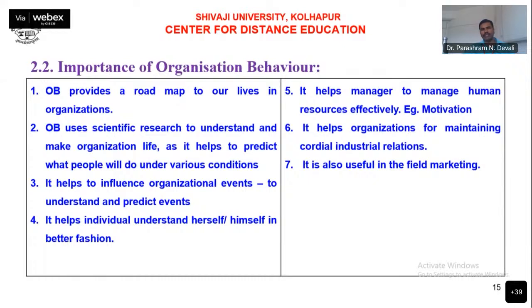We want to manage the relation, and when we build up strong market relation, definitely it helps in maintaining the organization. We may maintain our business, we may develop our business because we have strong business relation.